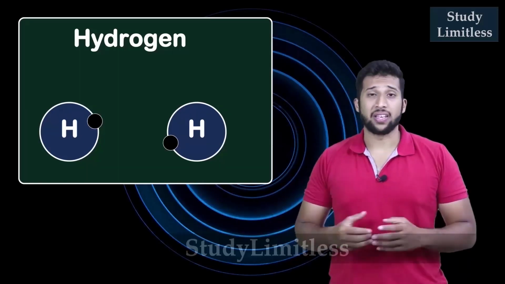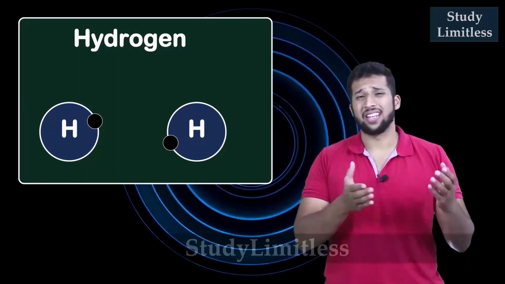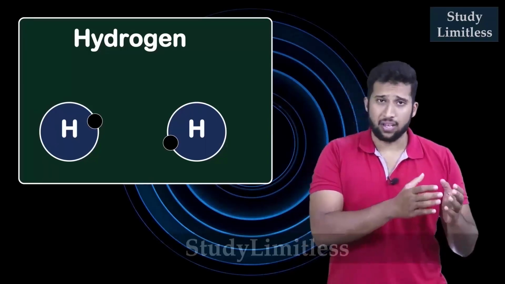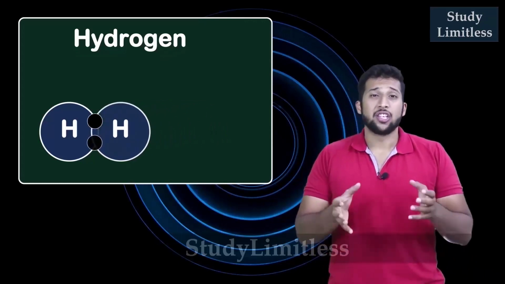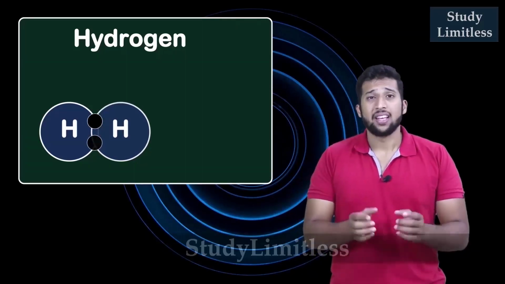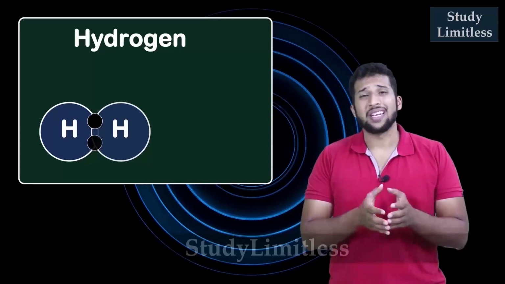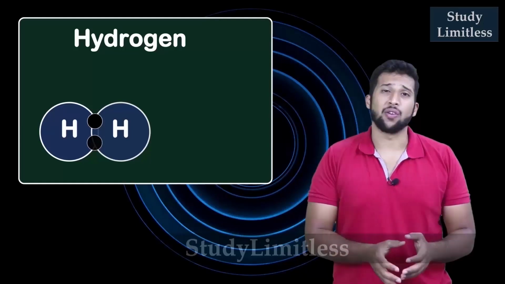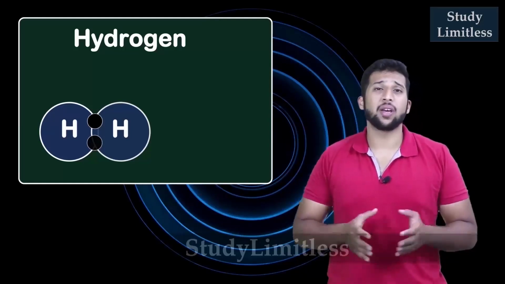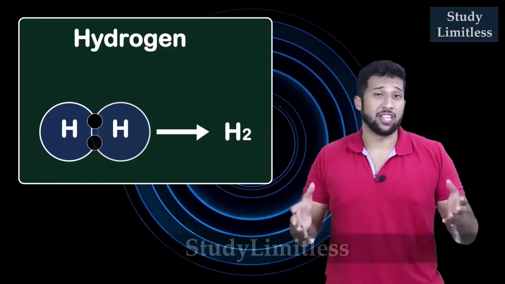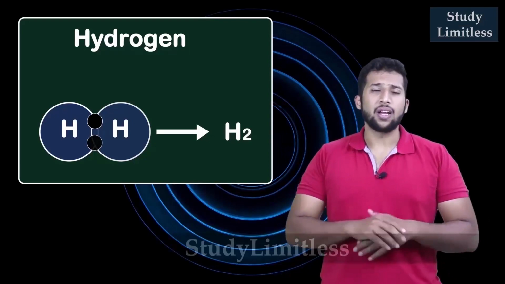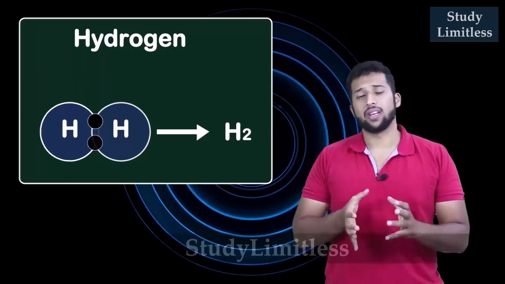So give and take is not possible, just like with carbon atoms. So what happens is, they both come together and share their electrons, and both these electrons spend an equal amount of time in each of the hydrogen atoms, and hence you have a diatomic molecule of hydrogen which is formed, which is H2.